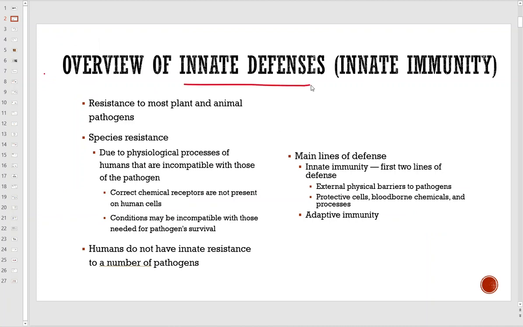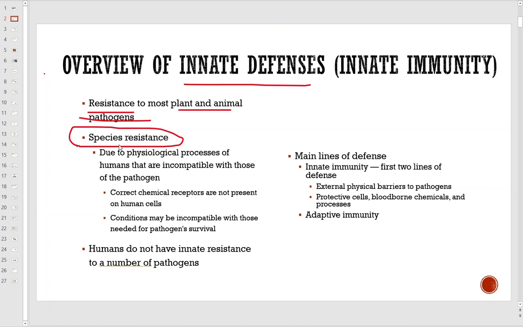The innate defenses are going to give us resistance to most pathogens of any type. Now, there is a type of this which is species resistance. You may recall that I told you that there are certain diseases we just can't get, like distemper from our dogs, because our cells do not have the proper receptors, and that's what we would call species resistance.